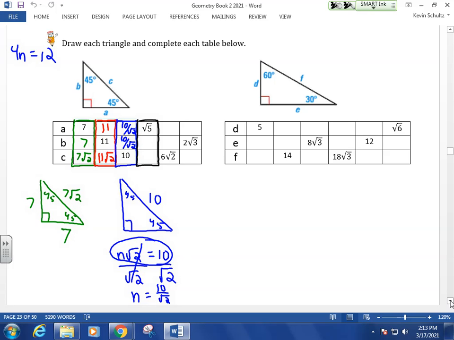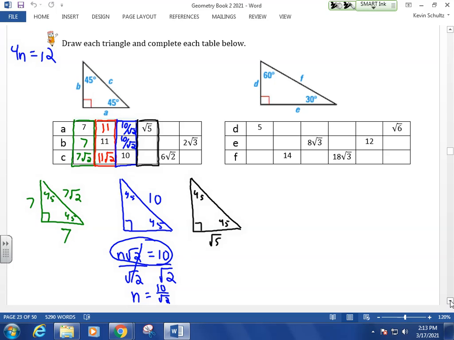It's got that root 5 for the value of A. So here's 45, 45, 90. The value of A is the root of 5, which means the value for B is what?